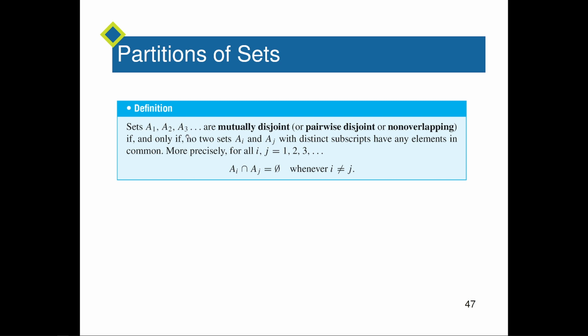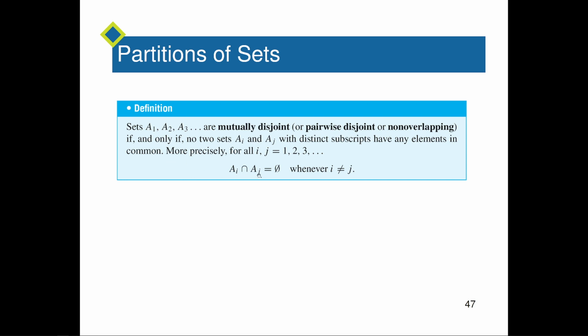So this brings us to this definition here. Sets A1, A2, A3, going down all the way maybe to An, are mutually disjoint or pairwise disjoint or non-overlapping if and only if no two sets Ai and Aj with distinct subscripts, so they can never be the same set, have any elements in common.